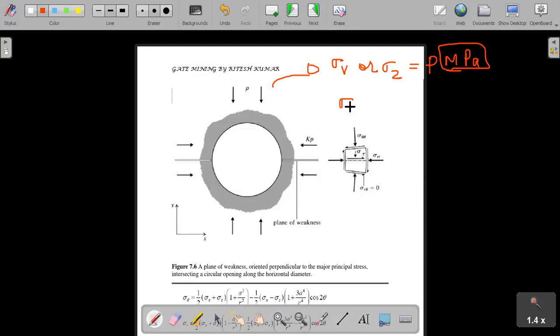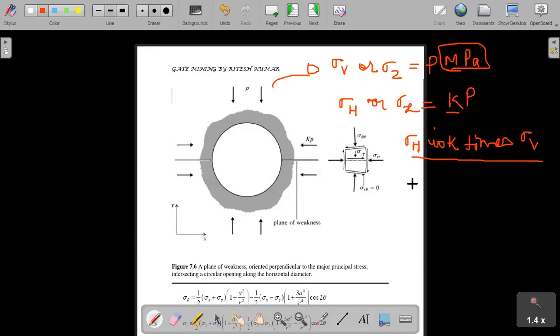So sigma h or sigma x, if we consider it kP, is k times sigma v. Means k could be less than 1, greater than anything, but we assume that sigma h is k times sigma v. Means sigma h is equal to k into sigma v. Okay? We just assume this.